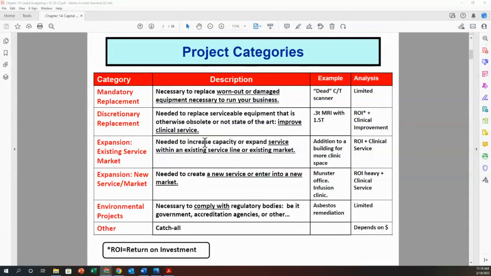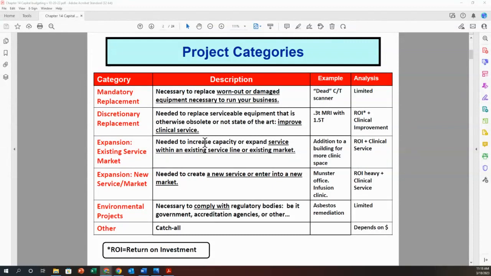We added an addition to our Joliet office when we expanded space in Westmont. You're going to do some ROI, but it's a fairly lower risk type of thing because you're presumably doing it because you have already established the demand for the product or service.